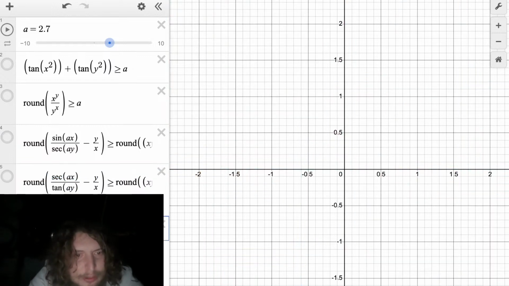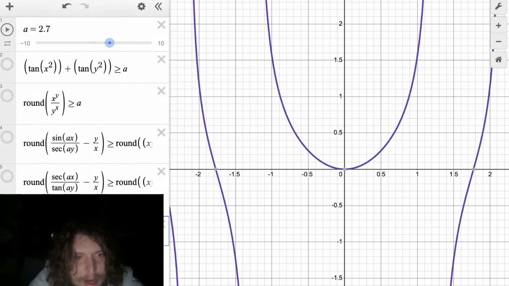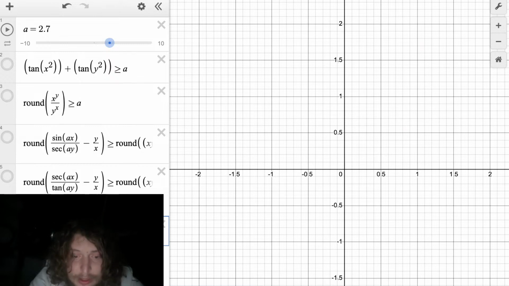We had a suggestion which was tangent of x squared. It's by Maynard Trendle, plus the tangent of y squared minus -1 to the power of tangent x times y.